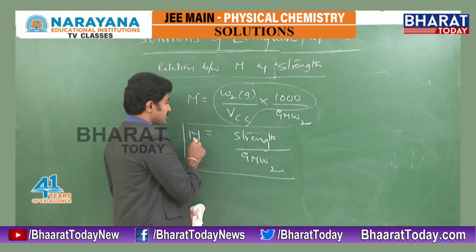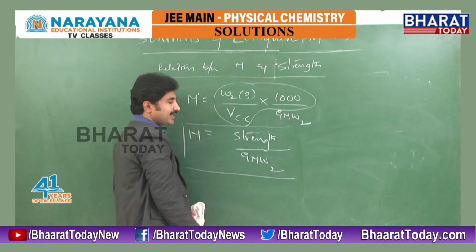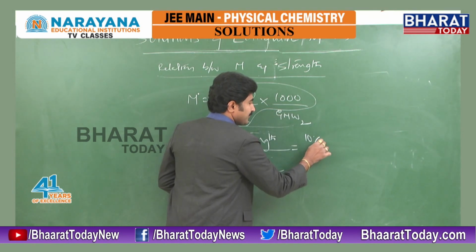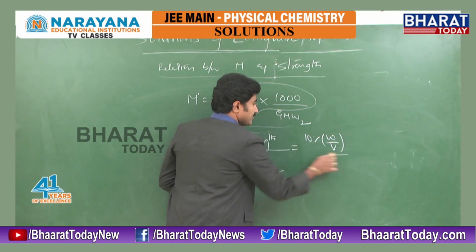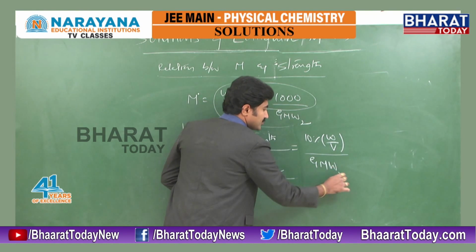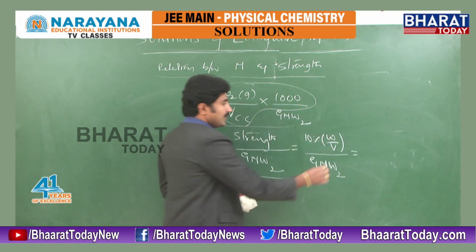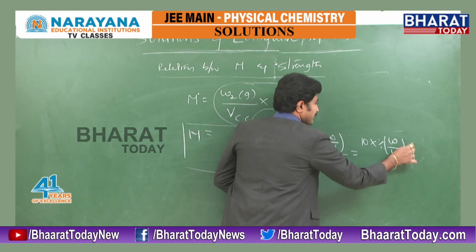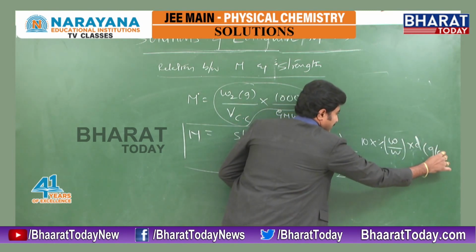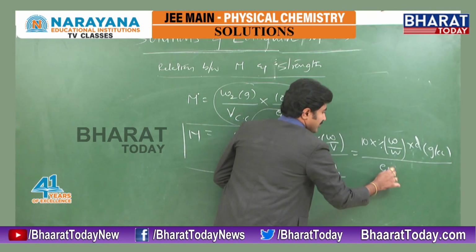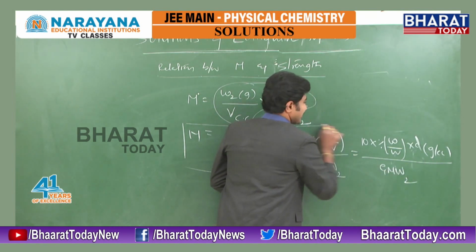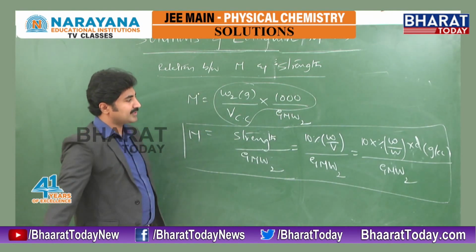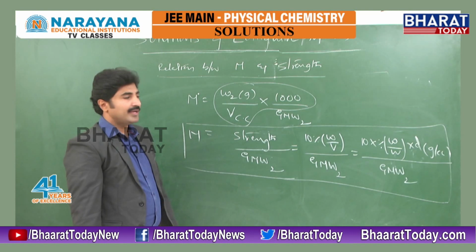If you write the common relation, molarity is equal to strength by gram molecular weight of the solute, is equal to 10 times percentage weight by volume by gram molecular weight of the solute, is equal to 10 times percentage weight by weight into density of the solution in gram per cc by gram molecular weight of the solute. So we can express the molarity equation at a time in terms of strength, percentage weight by volume and percentage weight by weight.